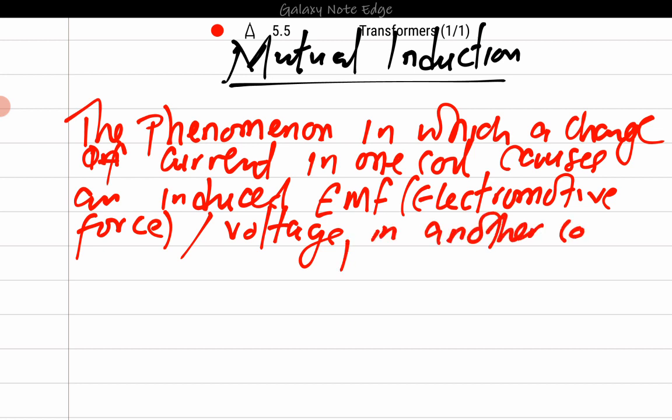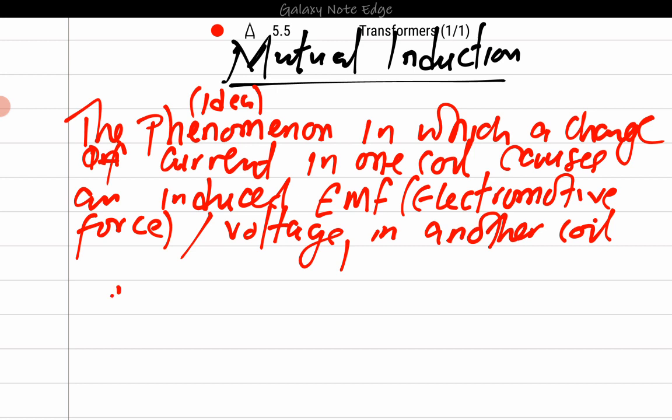So we're going to go through this definition once again. We are saying mutual induction is the phenomenon, or the idea, in which a change of current in one coil causes an induced electromotive force or an induced voltage in another coil, and these two coils must be right next to each other.